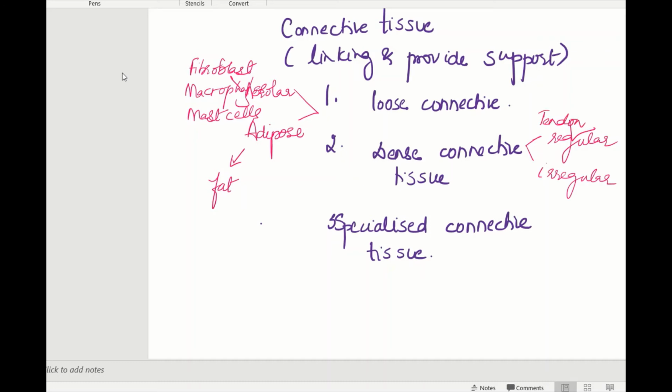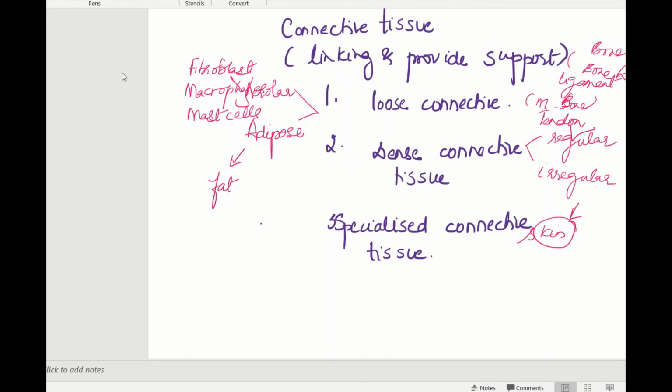So tendon, it will attach what to what? Correct. It attaches muscle to bone, right? And the next one was the ligament, right? Ligament will attach bone to bone. For irregular connective tissue, we have studied skin.